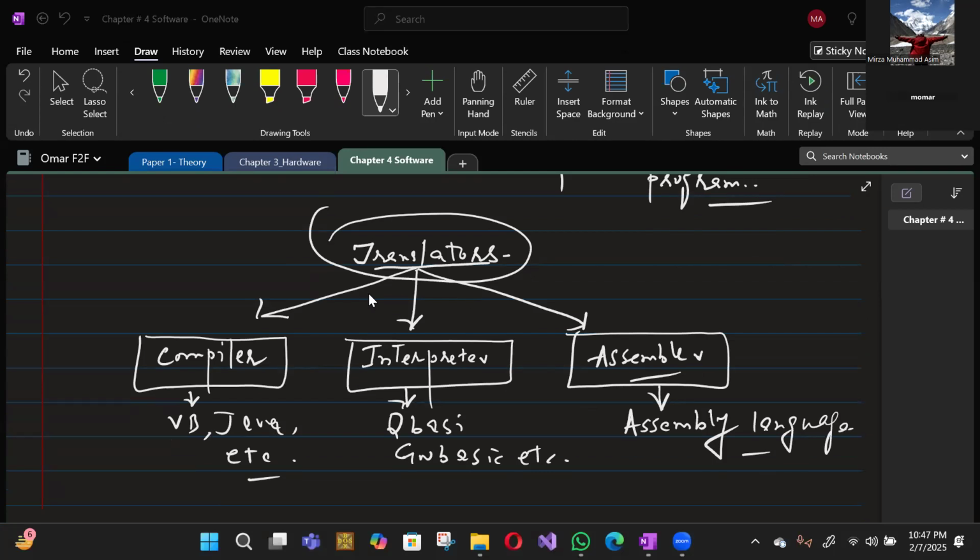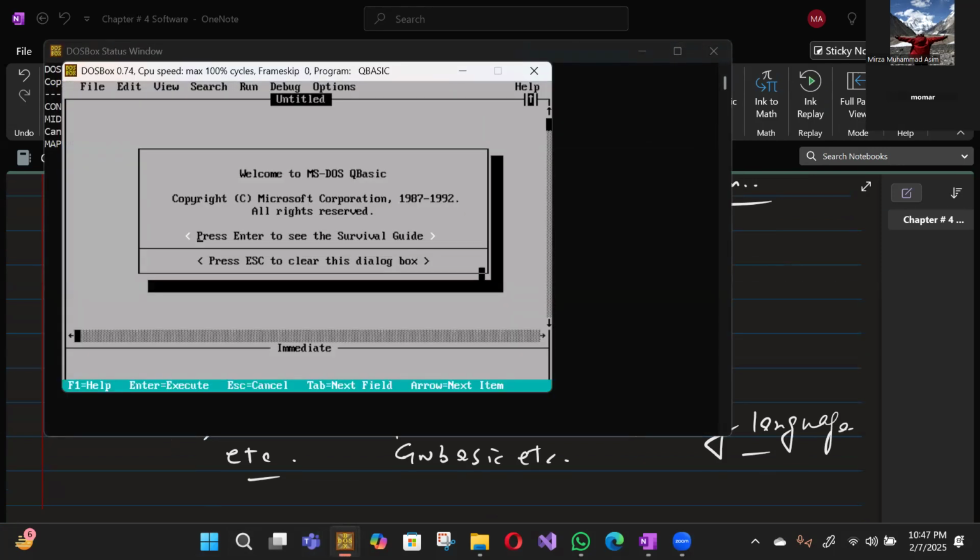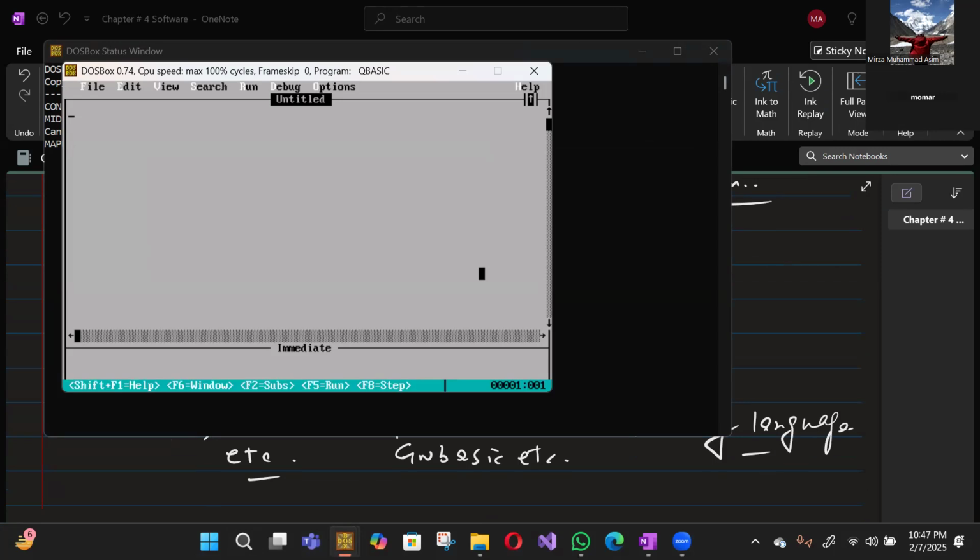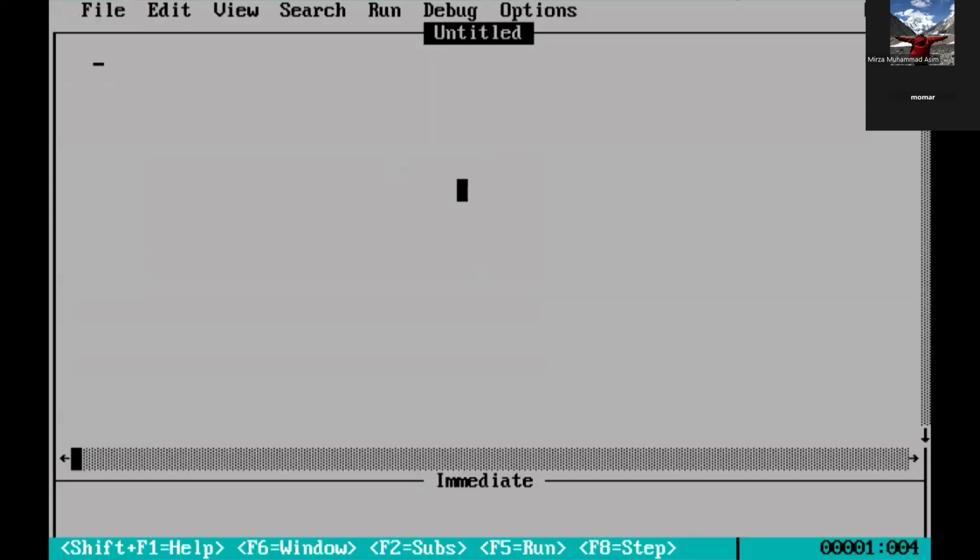So this is QBasic. For example: print, enter number, input A, input B, C is equal to A plus B, print C. Intentionally I am making a mistake.